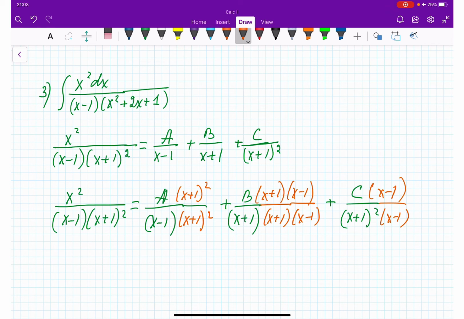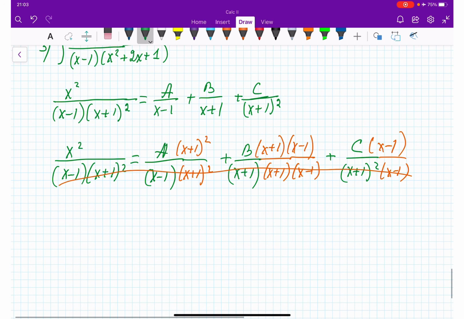All right. So everywhere we have the same denominator. We are dropping out the denominator, and we are going to get a nice and clean x squared. That is equal to a times (x plus 1) squared plus b times (x squared minus 1), because x plus 1 times x minus 1 is x squared minus 1.